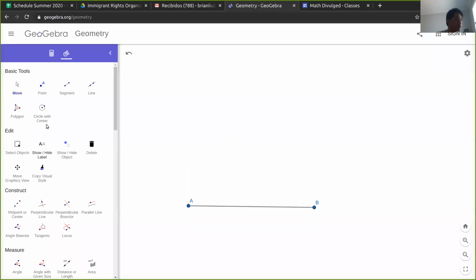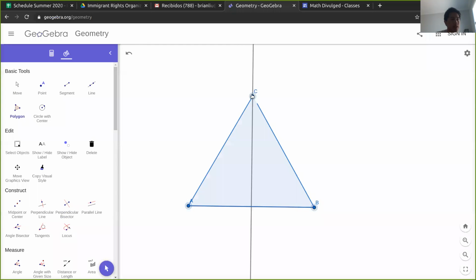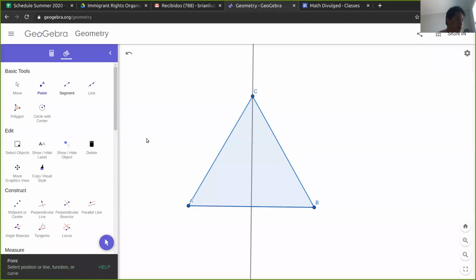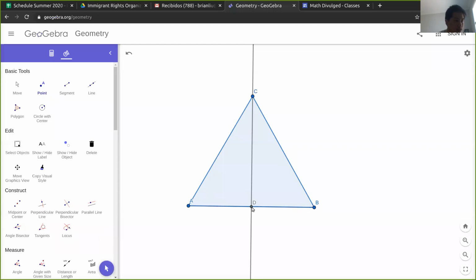So what we know is that since it's equidistant from AB, it lies on the perpendicular bisector of AB. So one possibility for the third point is here. Then CAB would be our triangle. And here's the midpoint.